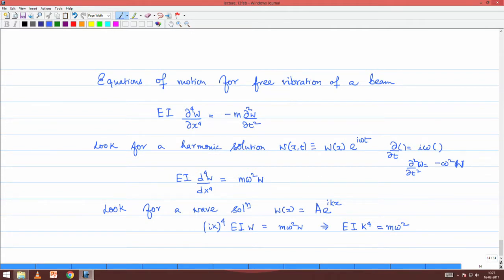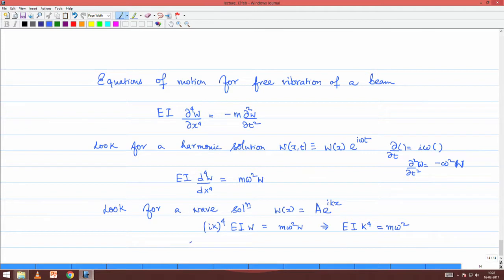Accordingly, we invoked two substitutions, one in time, one in space. In time, we took the temporal dependence to be of the form e to the power i omega t. In space, we took e to the power i k x. And now, what we are seeing is that yes, it is possible that you will get a harmonic plane wave solution associated with this beam, provided the k's and omegas are related through this equation.